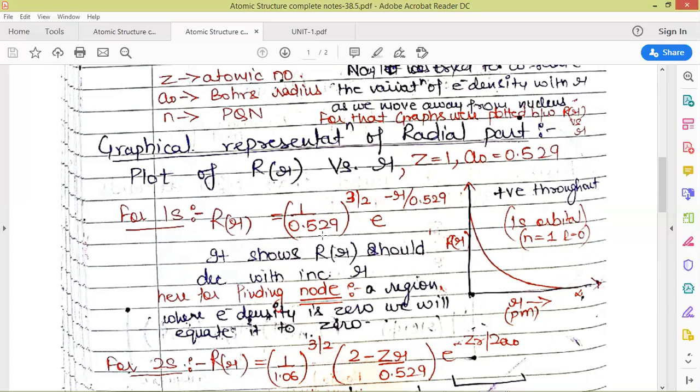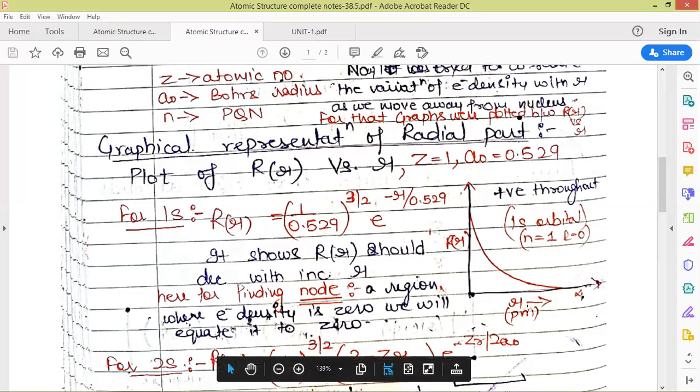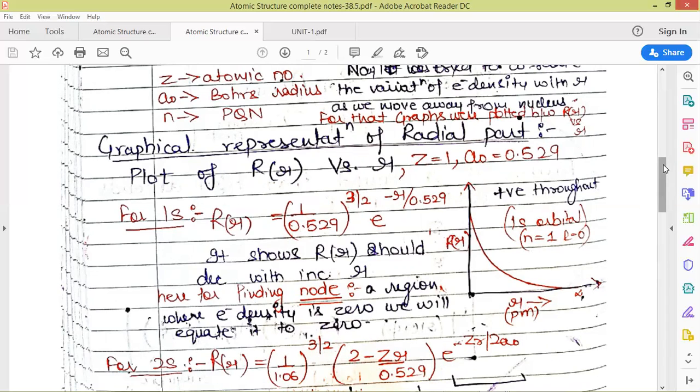We have put the value of that constant a0, and Z as 1 we have taken. So it depends upon the negative exponential term of r. Here we will get a graph like this when we plot the radial part as a function of small r, that is the radius from the nucleus. So we'll get a graph which is decreasing exponentially.